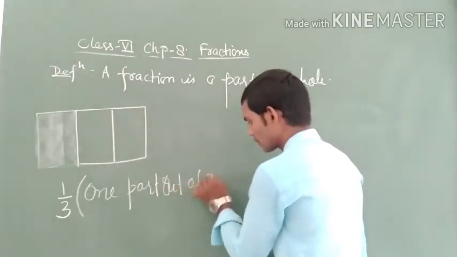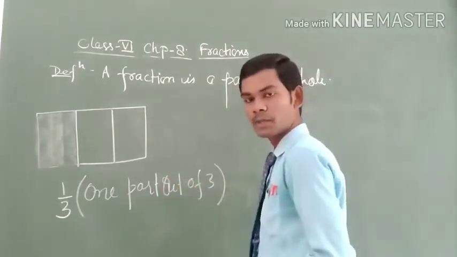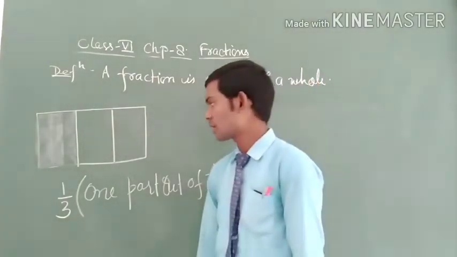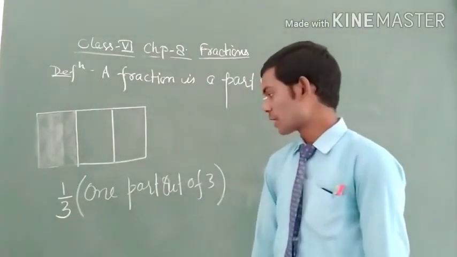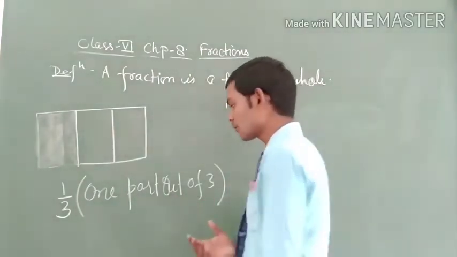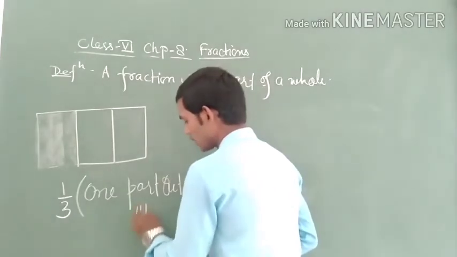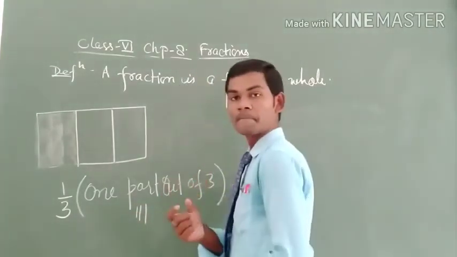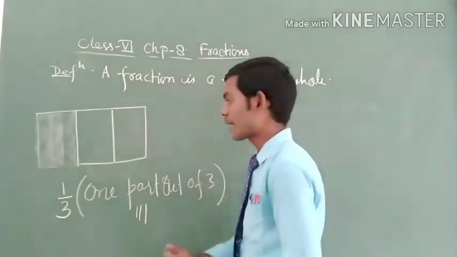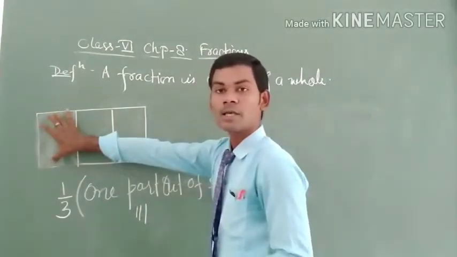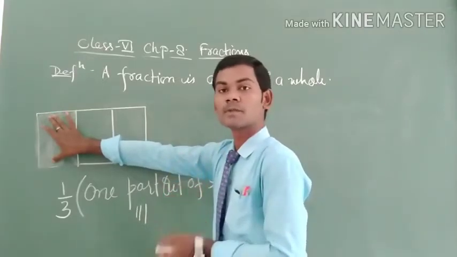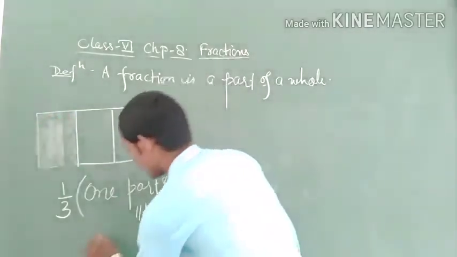You still remember that when I divide the rectangle into two equal parts, I write one part out of two, and we also give the equivalent name, which is half. But here we cannot write half. Here we write that this part is the 1/3 part of the figure.